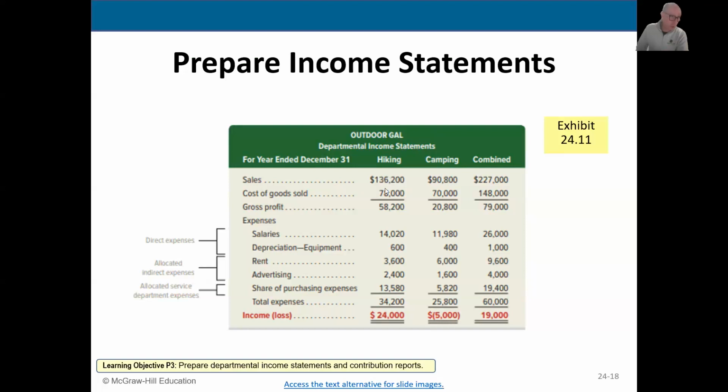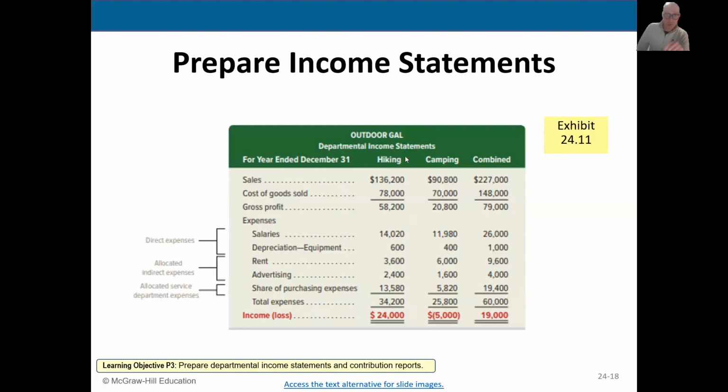Sales minus cost of goods sold equals gross profit, minus the direct expenses that we allocated, minus the allocated indirect expenses, rent, advertising, minus the purchase department expenses, equals an income of 24,000. So that's the process. 3 steps. That's how we build out the income statements for the departments.